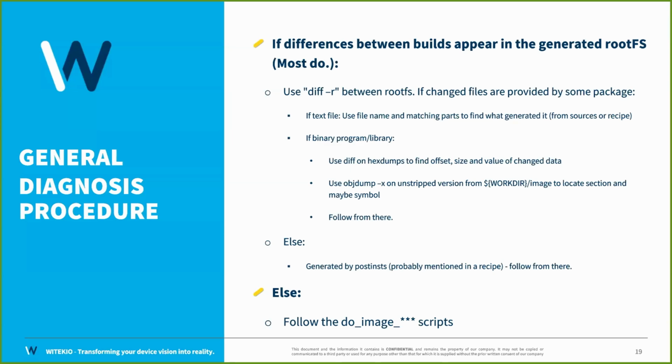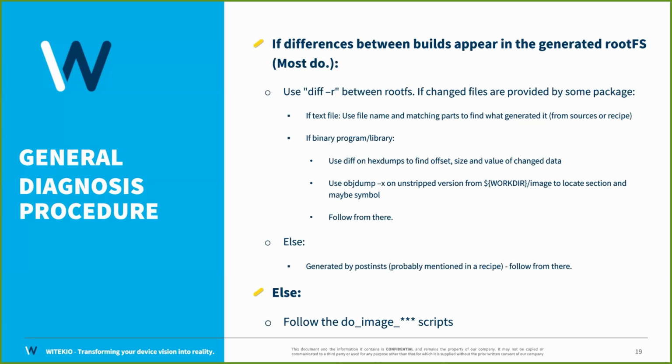The files incriminated can be part of a package installed, or they can be installed by a post-inst. If it's the latter case, they should still be evidently associated with the package and recipe. And so in the post-inst from the recipe, you should quickly find how the file is created.